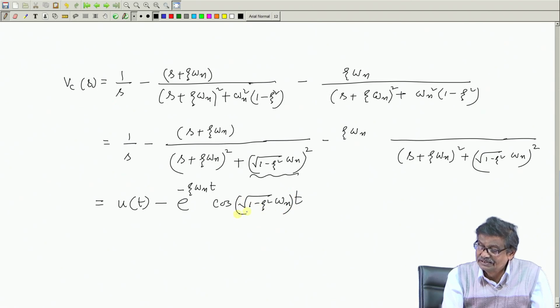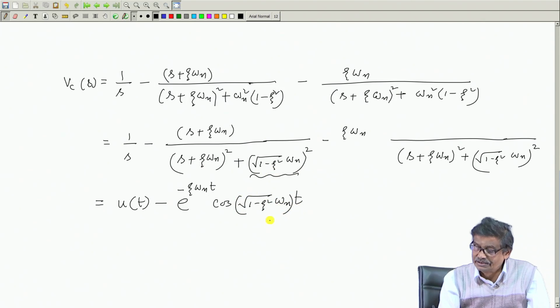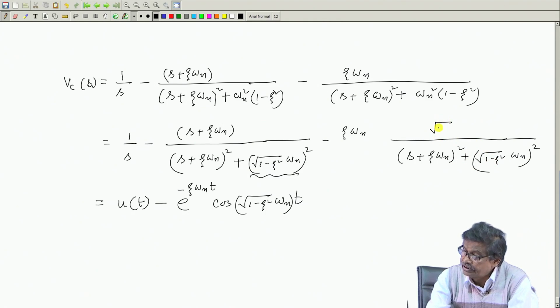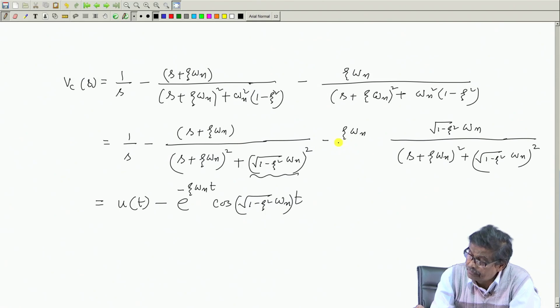This is the omega term, and here it would have been sin provided this term exists on the top, is it not? But there is no such term, so you bring it here and divide it.